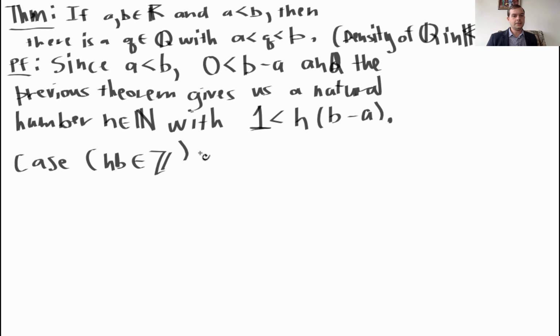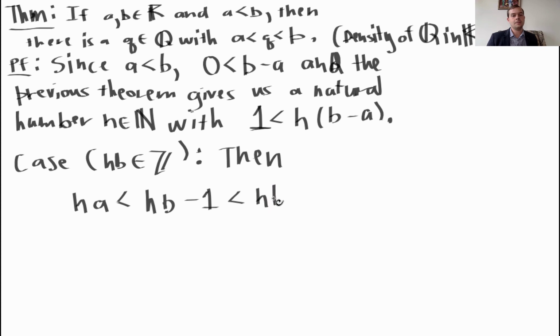And in this case, we're going to have the following inequality hold. Then na is less than, so na I get by applying the distributive property. So I apply the distributive property to this inequality to get nb minus na. I bring a minus na over this side, I subtract off 1 from both sides, and I get na is less than nb minus 1. And clearly, that'll be less than nb.